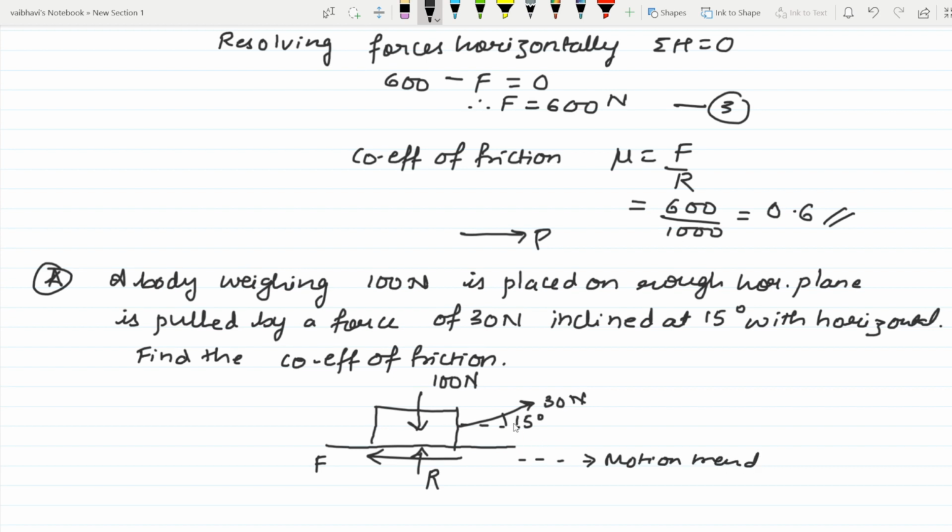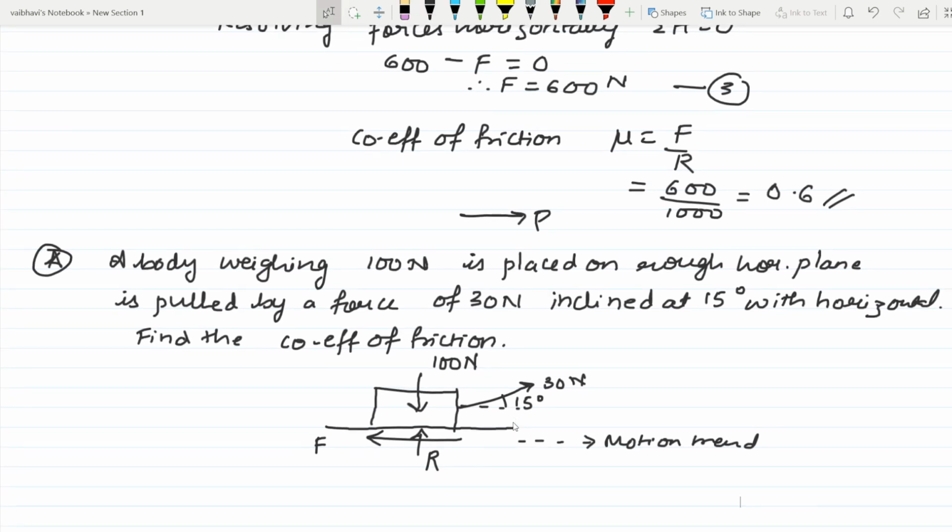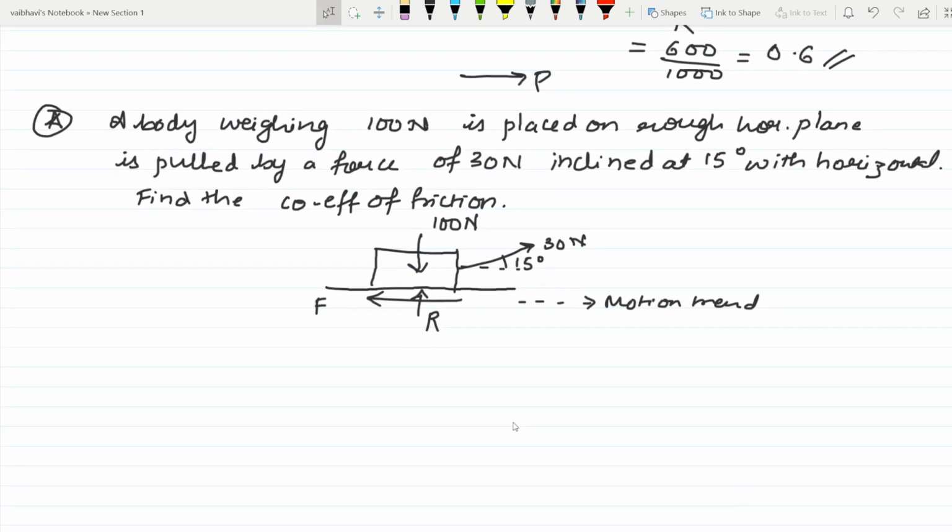Now first we have to resolve the forces vertically. There is a downward self weight, minus 100, upwards R, and we have to find the components of the inclined force. For the 30 Newton force, it is 30 cos 15 and 30 sin 15.